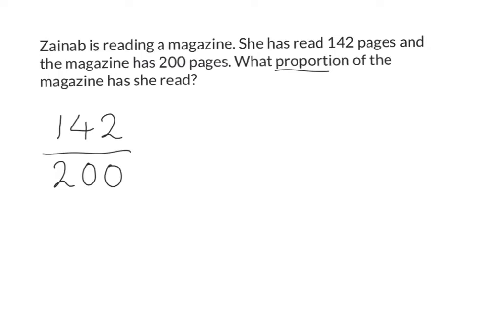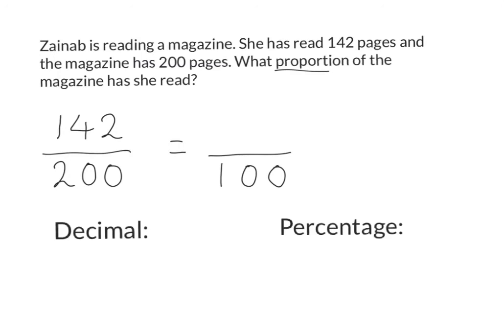So she's read 142 over 200. And what you need to do now is work out what that is as an equivalent fraction out of 100. Then you'll be able to tell me what the answer is as a decimal and what the answer is as a percentage. As usual, pause the video now, do your working out on a piece of scrap paper and press play when you're ready to find out the answer.